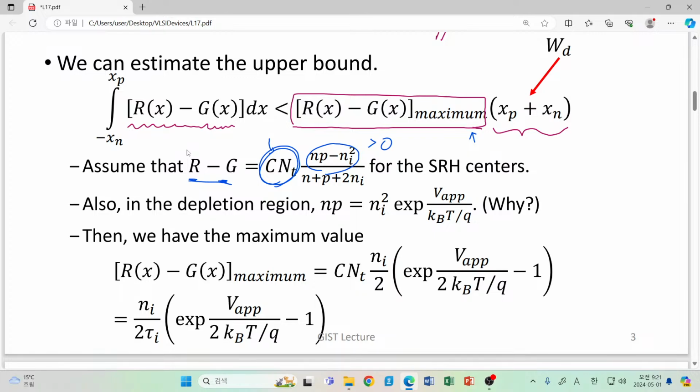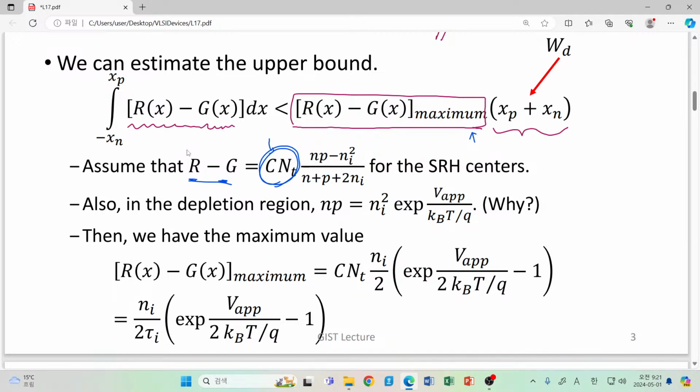So that will introduce our net recombination. On the other hand, if we have a net negative term, it means that we have few electrons and holes. So now the thermal excitation through the SRH recombination center will be seen, and it will be interpreted as net generation. Okay, so that is the simple rule.